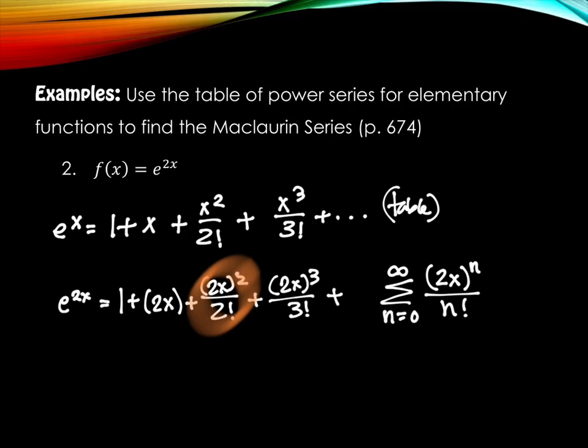So if I'm doing the ratio test, we do the limit as n goes to infinity of the n plus 1 term divided by the n term, correct? So my n plus 1 term here would be, and it includes the x, 2x to the n plus 1 over n plus 1 factorial.